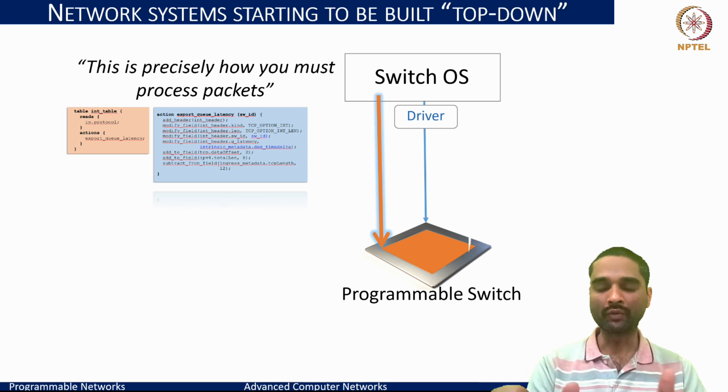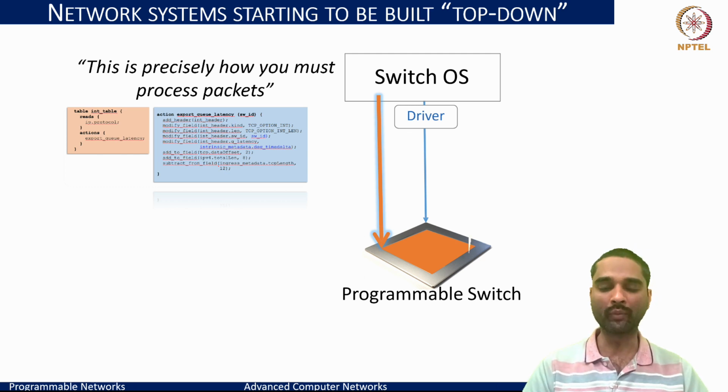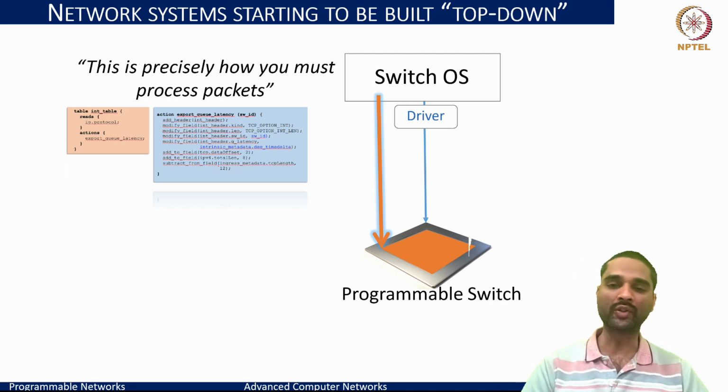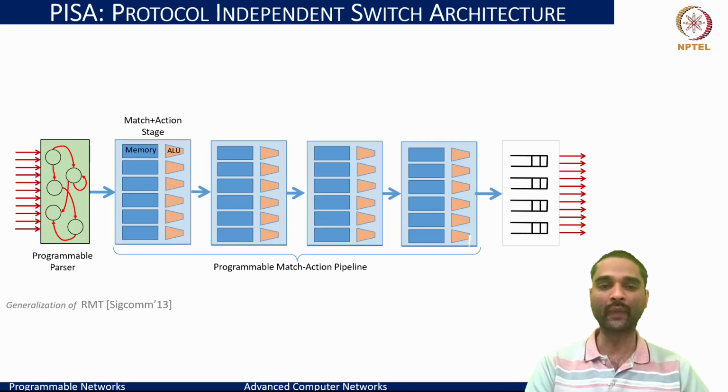So likewise, we want these configurations to be applied on the switch ASIC as we intend them to, and perhaps on the fly, rather than saying I programmed it once and it remains for its lifetime. I want it to be programmed as and when I see the need.